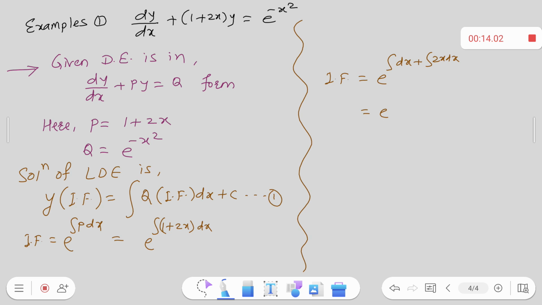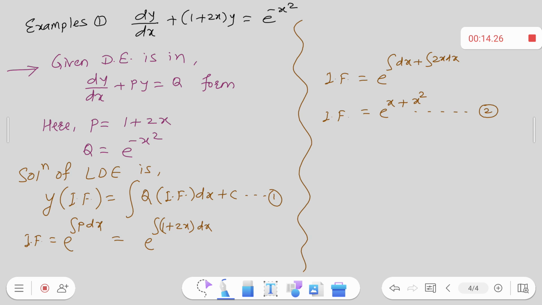The integration of 1 with respect to x is x, plus integration of 2x is 2x square upon 2, where the 2s cancel. So the integrating factor is e to the power x plus x square.